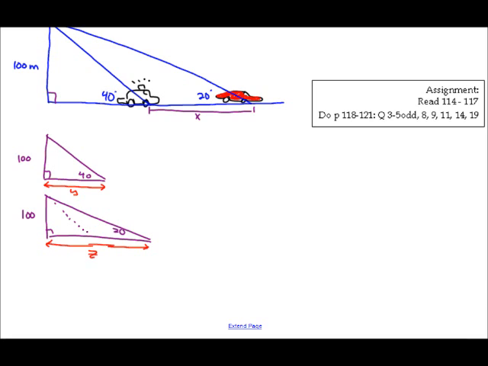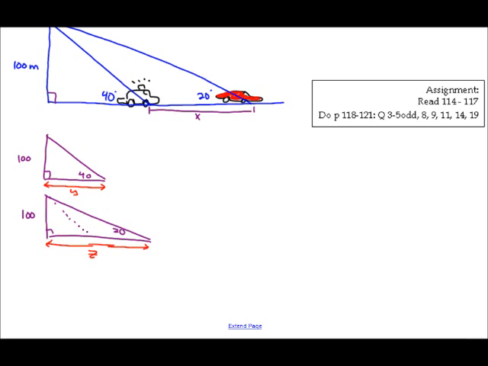If I find this full length and this full length, what are we going to do to those numbers? Subtract them. I find this full distance from the helicopter, on the ground where it would be, to the car, minus the cop to there.